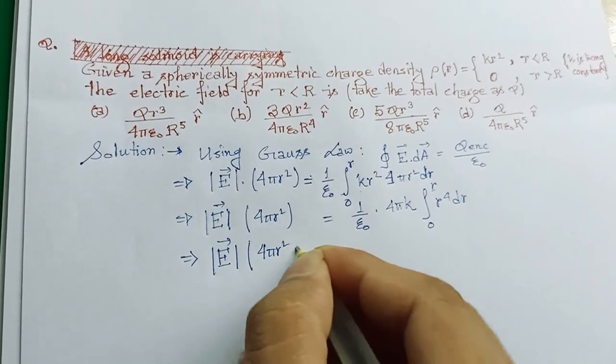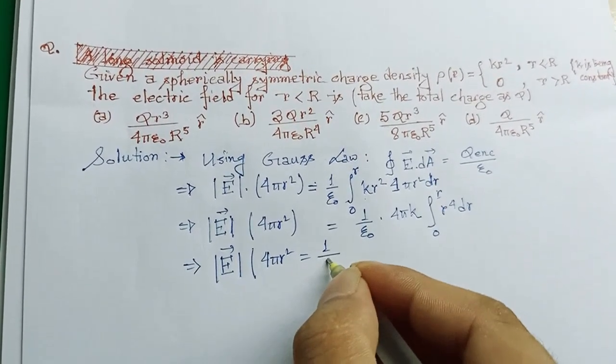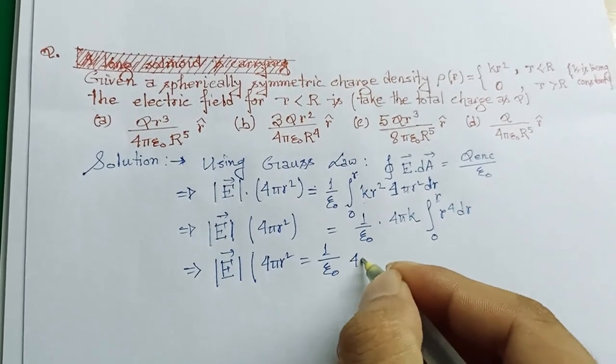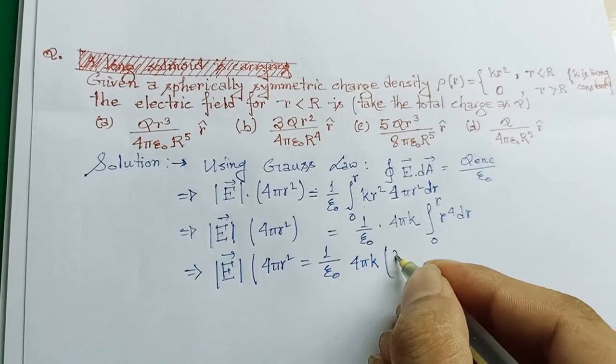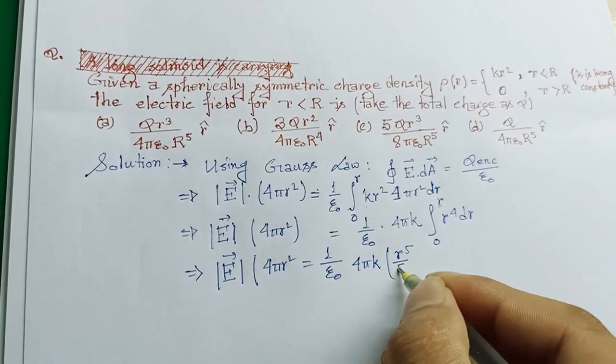If you carry out this integral, E into 4 pi r square will be equal to 1 divided by epsilon naught into 4 pi k into r to the power 5 divided by 5.